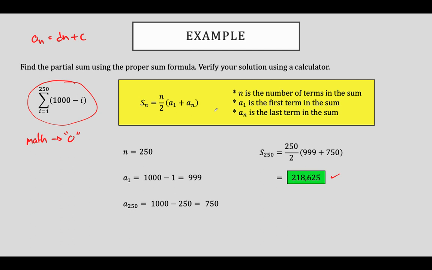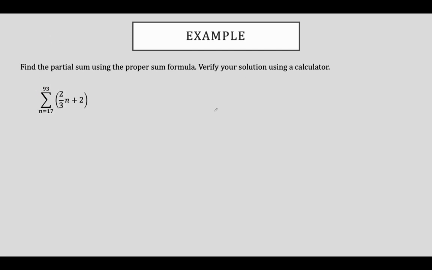All right, let's try a couple more. Find the partial sum using the proper sum formula. Verify your solution using a calculator. Here we have the sum from n equals 17 to 93 of 2/3 n plus 2. Now again, what type of series are we dealing with? Well, we notice here that we have a linear relationship between the terms.